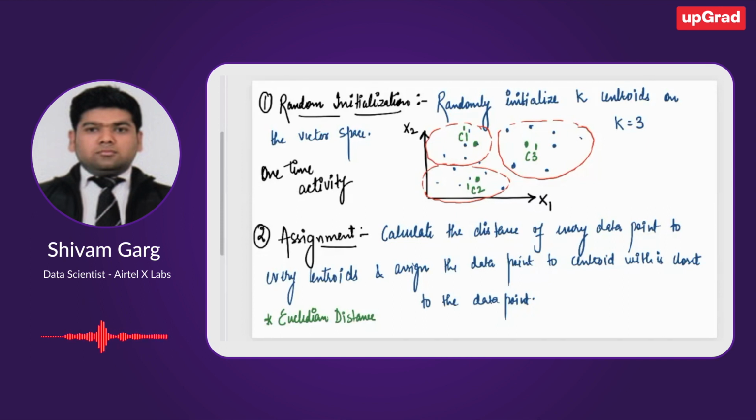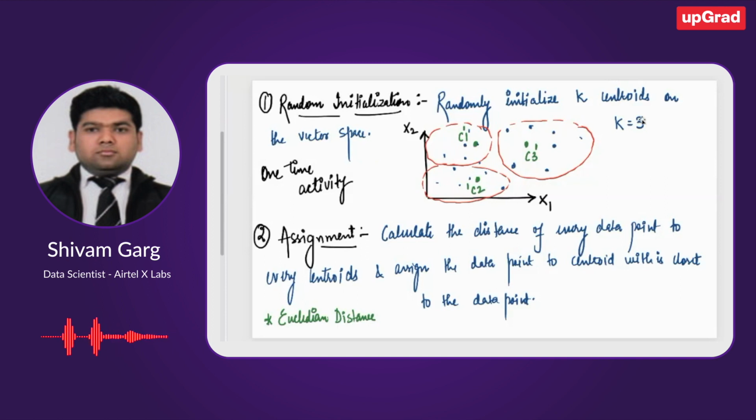As many clusters as you need, that many center points have to be defined. So if you don't know the number of clusters beforehand, would you be able to do this step? If you don't know how many clusters we are going to make, would you be able to initialize that many center points? No. So that's why for this algorithm, how many clusters you want to make is mandatory to know. So the very first step here is we randomly initialize the k centroids.